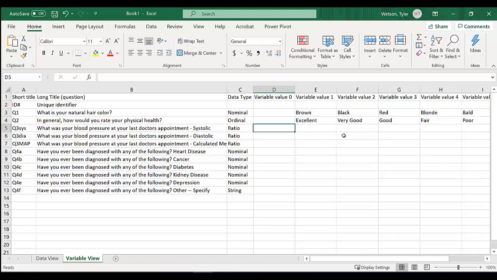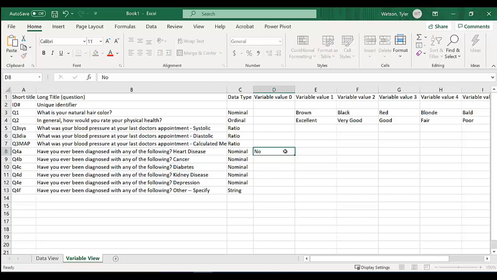The nice thing about ratio data types is we don't have to tell the computer or the researcher or the data entry person what a 1 means, because a 1 means the actual number 1. It's not a label. So the ratios we just leave blank because they're actually ratio numbers. With all of these Q1, mark all that apply, they're either yes and no. And remember we said that no would equal 0.